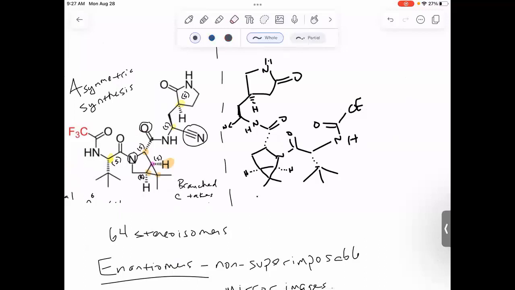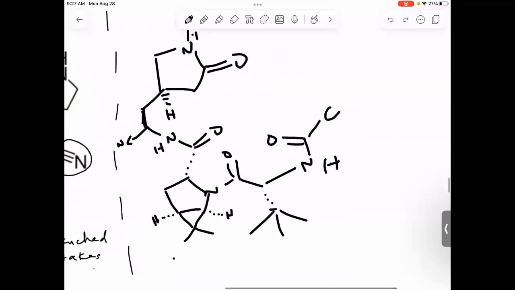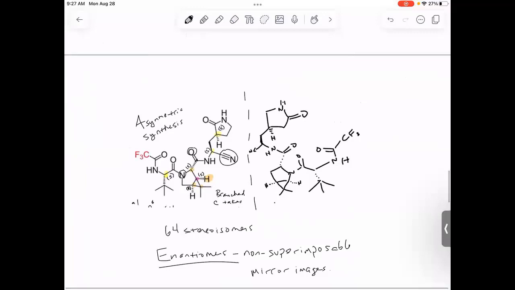Are they going to stay the same? Would the configuration be different? On every single one of them. Every single one of them. The configuration for an enantiomer, all of your configurations are going to change in that mirror image.